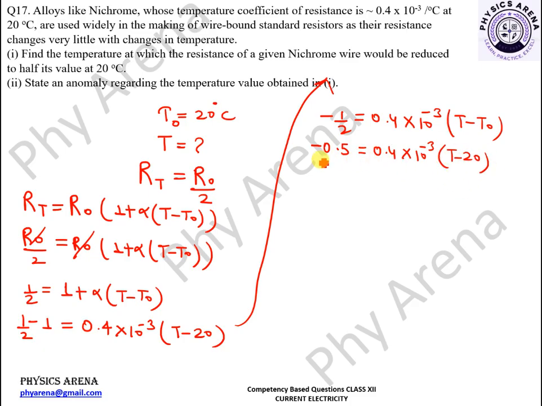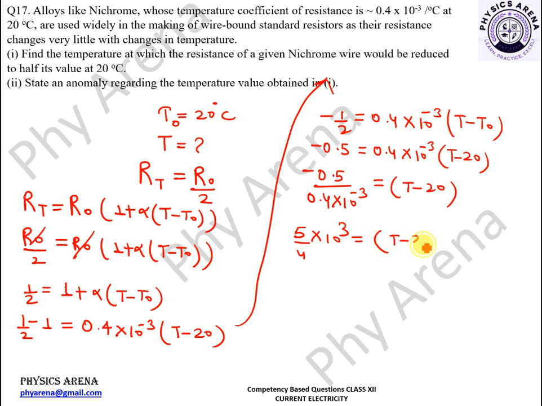We can write it as minus 0.5 divided by 0.4 multiplied by 10 to the power minus 3. That has to be equal to T minus 20. It will be equal to 5 by 4 multiplied by 10 to the power 3, that is equal to T minus T naught. 5 by 4 is 1.25. 1.25 multiplied by 10 to the power 3 has to be equal to T minus 20.